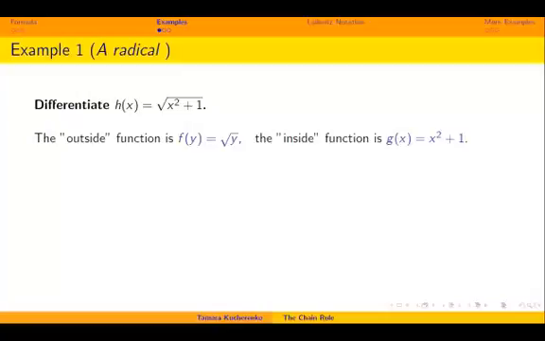The inside function is g of x equals x squared plus 1. The derivative of the outside, f prime of y, is 1 over 2 radical y. The derivative of the inside, g prime of x, is 2x.